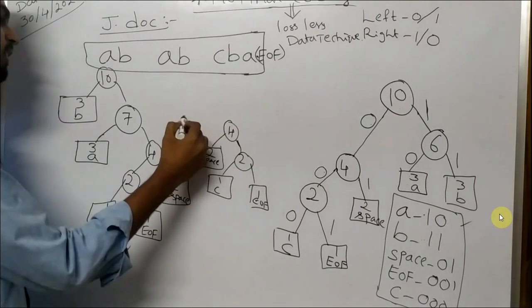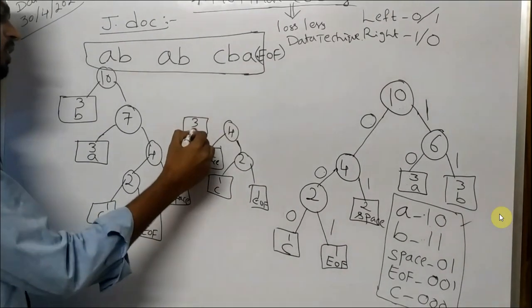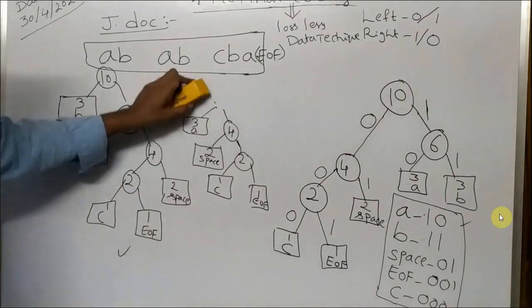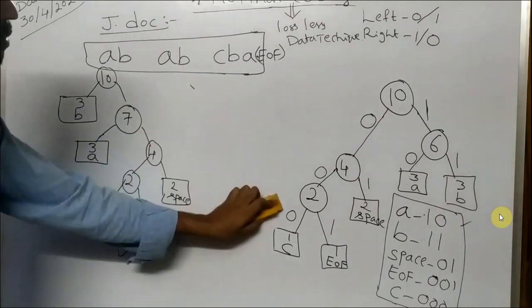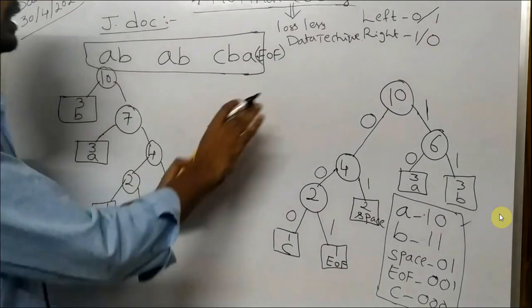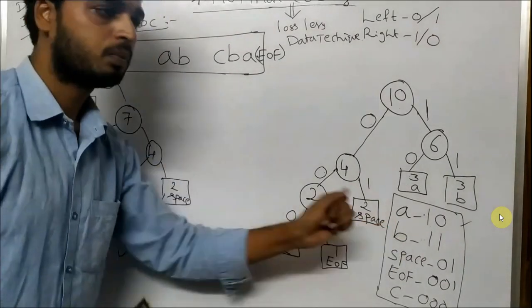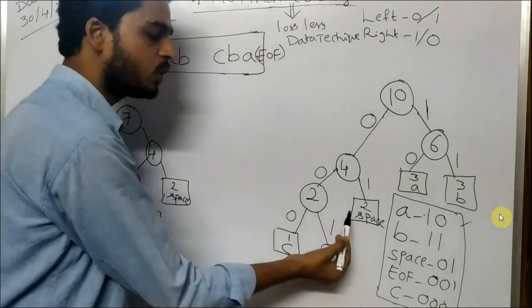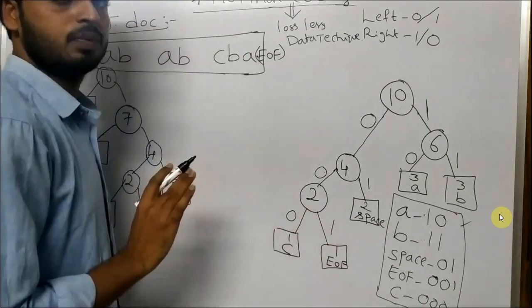Now I will take the next 3 A. Again it is similar, right? So this is also a Huffman tree. There is no problem. You can construct the Huffman tree in any order, and you will get unique codes. But remember that whatever external node you are adding should be compared with the parent node. That's it.